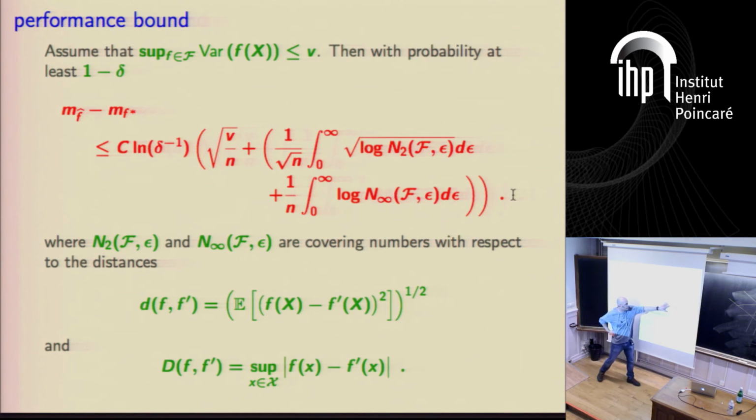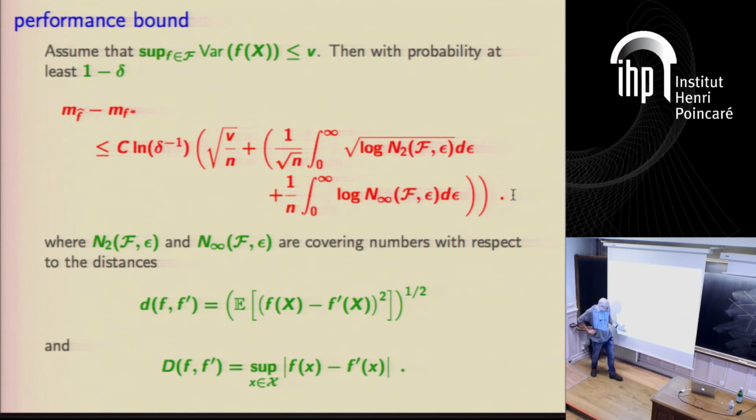And then we have a third term, which is of smaller order, with the 1 over n, compared to the 1 over square root of n, so it should be of smaller order, and very often it is. However, this term uses the covering numbers in the supremum norm.